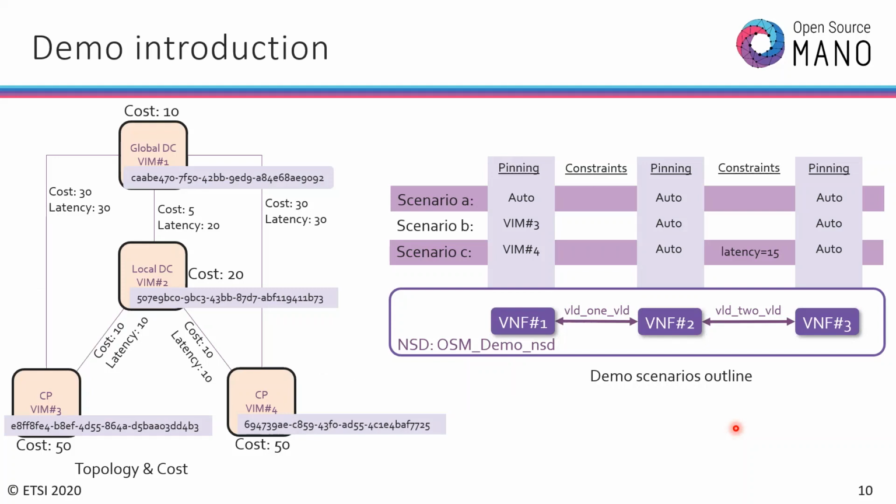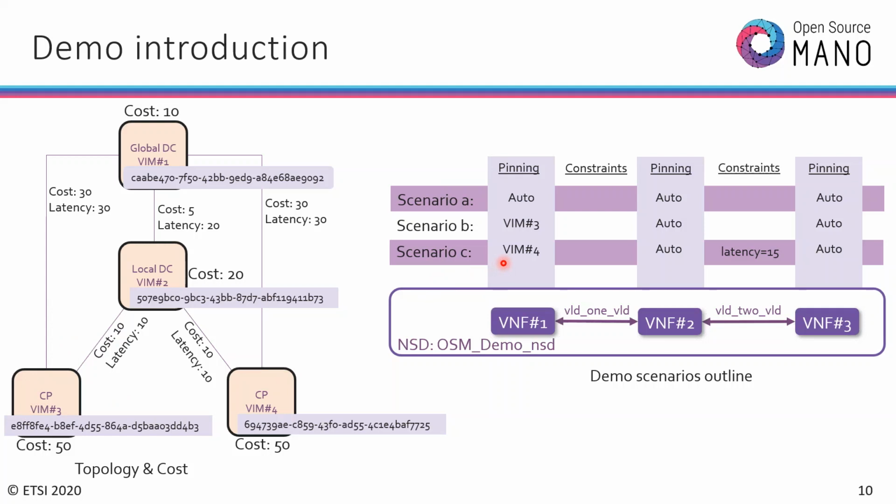So a bit about demonstration now. We'll show 3 different scenarios. In the first scenario, we don't pin anything, we don't put any constraints, we just say put this as optimally as possible, in the cheapest possible way. In the next scenario, we pin one VNF to a specific VIM here.